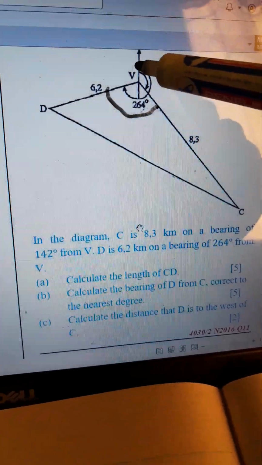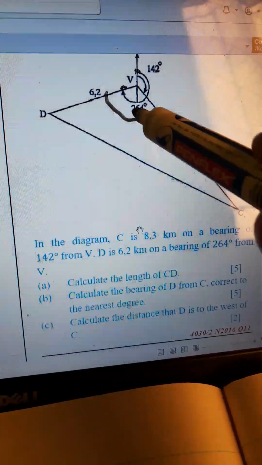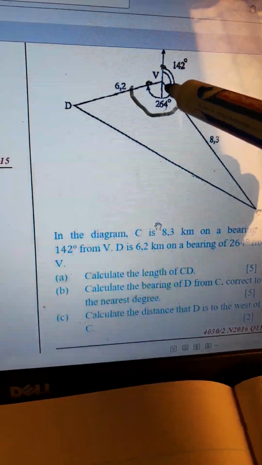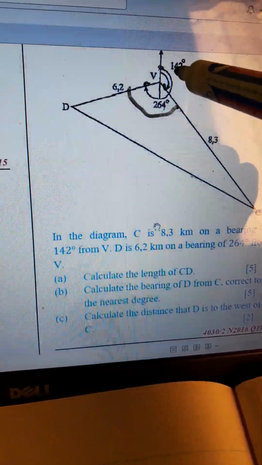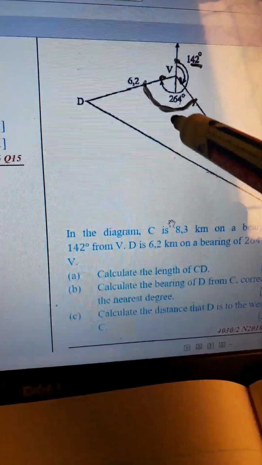From here to here, it is given as 264 degrees. Then from here up to here, it is 142 degrees. So to get this angle, you just say 264 minus 142.